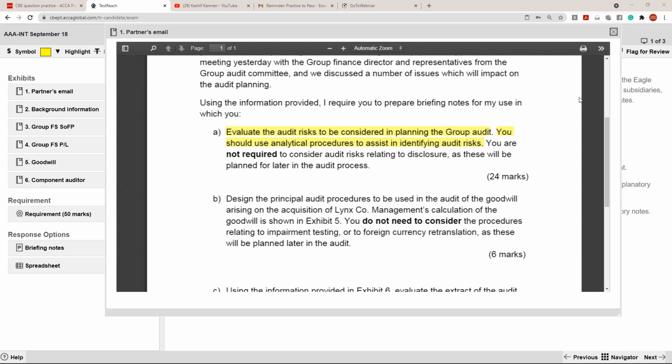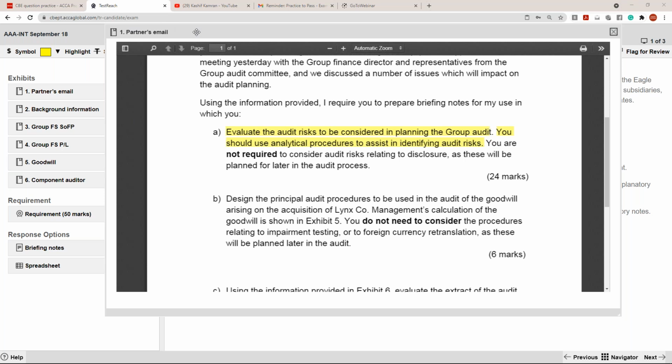Analytical procedure means you perform ratio analysis, and for every ratio you get 1 mark. You need to do the comparative of the ratio and a commentary on the ratio. You can get all that guidance from the March 21 webinar. But how would you do analytical procedures in a computer-based exam versus a pen and paper exam, which I guided you on in my last webinar? So use the analytical procedures.